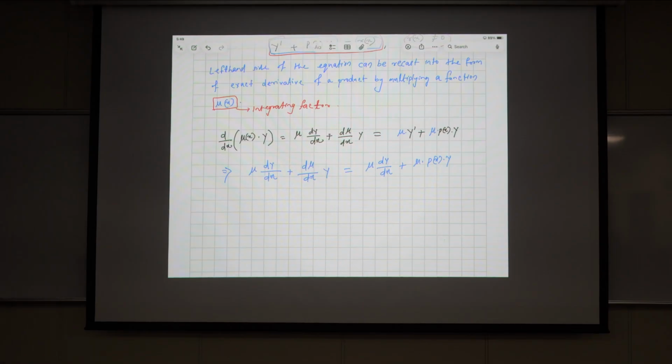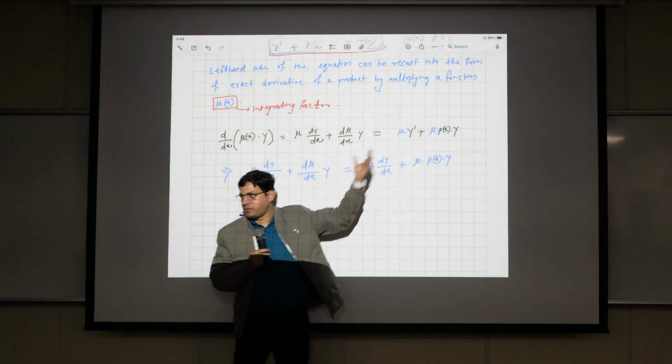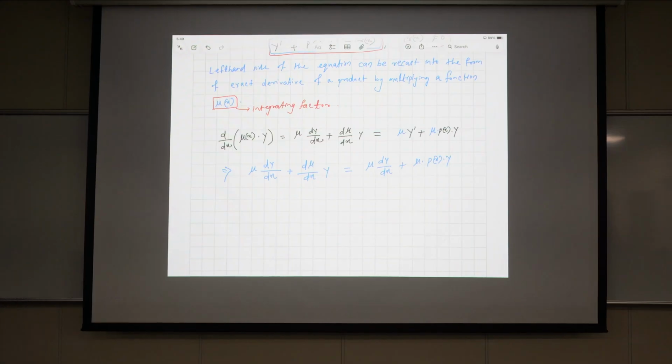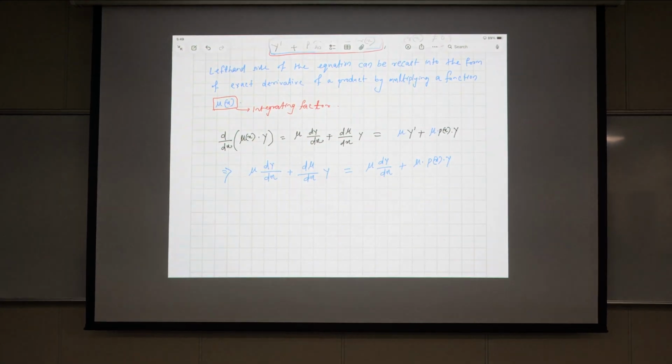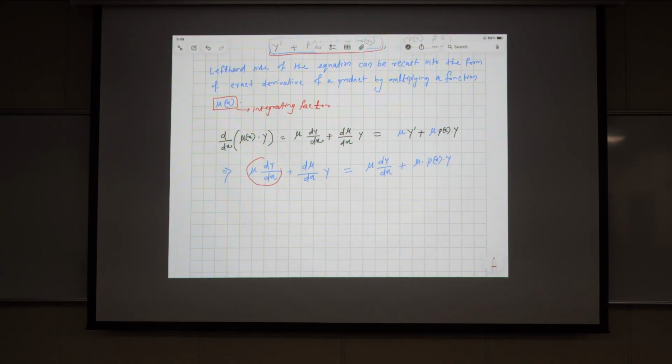Now if you notice, this one and this one are the same, so we can just cancel them. They are equal. For the timing, just ignore them.